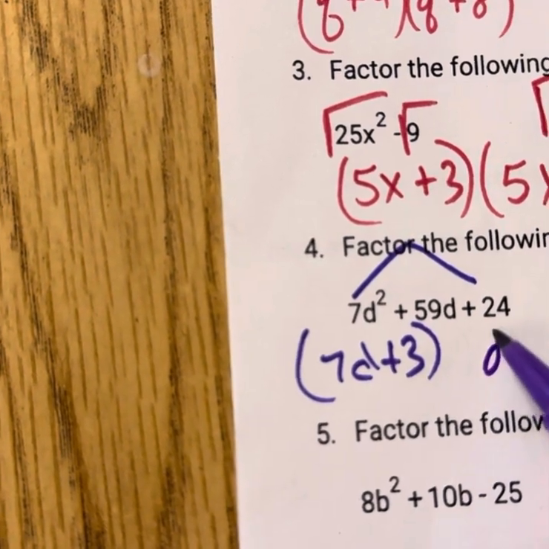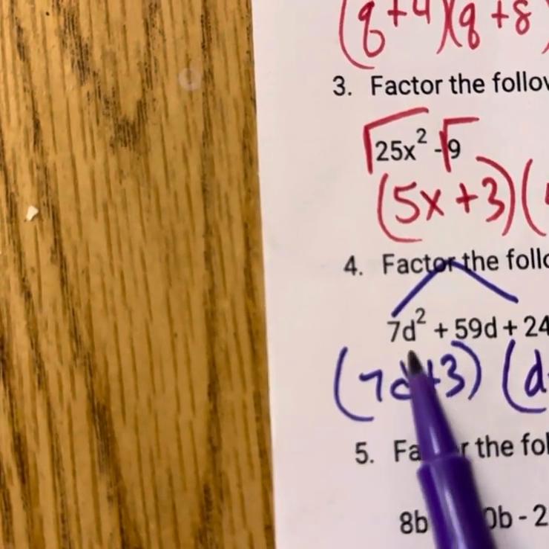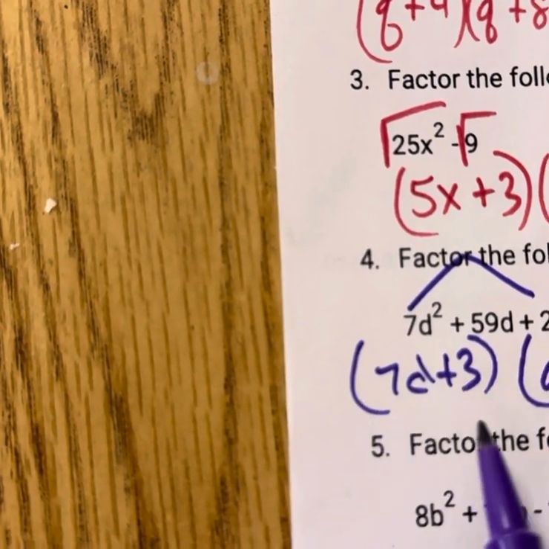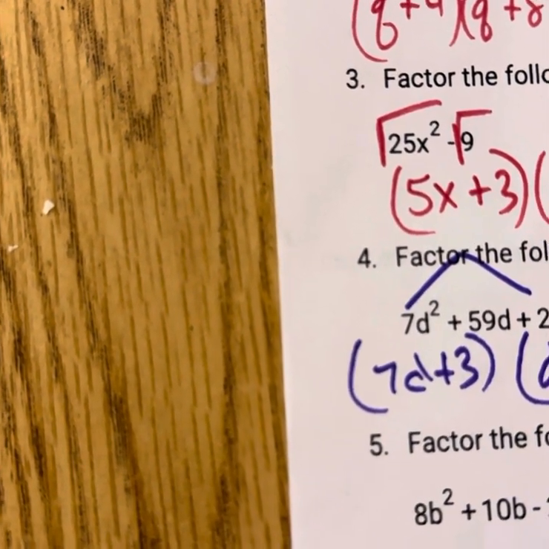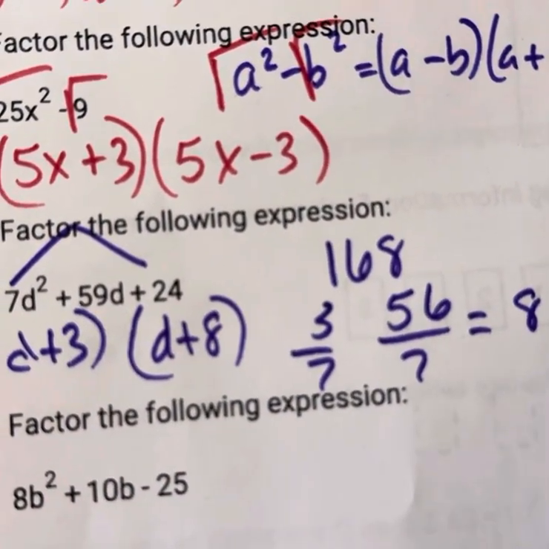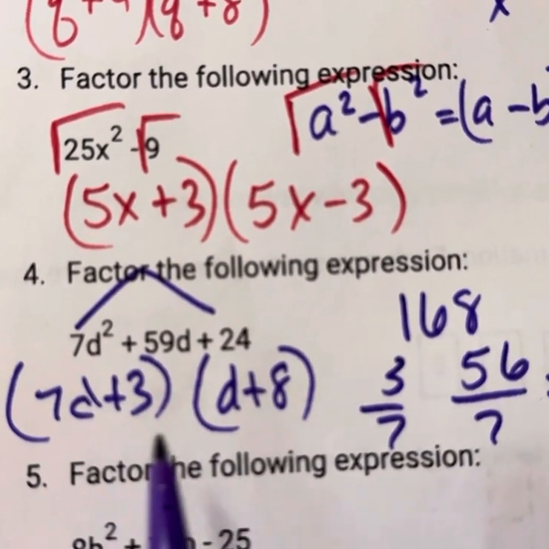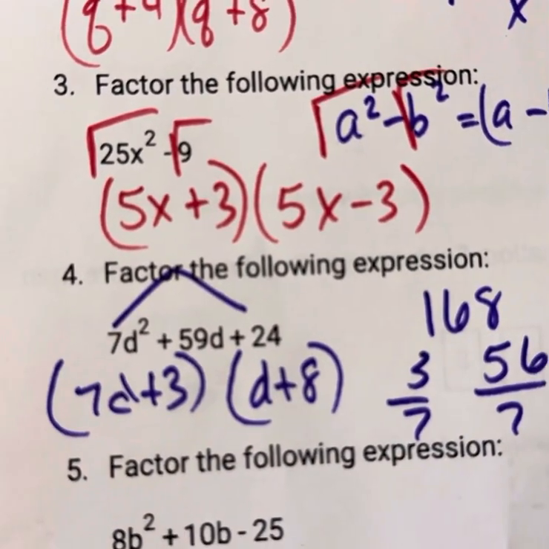And so that is D plus 8. So if I put this in Y1 and this in Y2 with the parentheses, the table should match. If it doesn't, you've done something wrong. And also a quick check: 7 times 1 is 7 and 3 times 8 is 24.